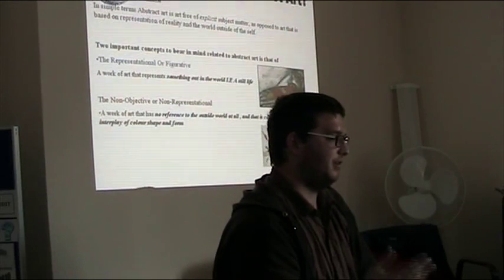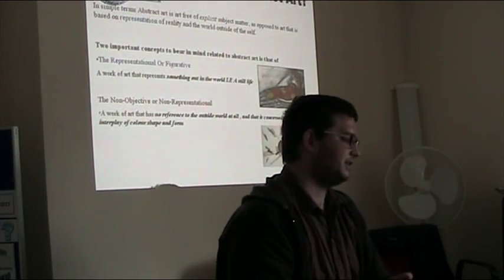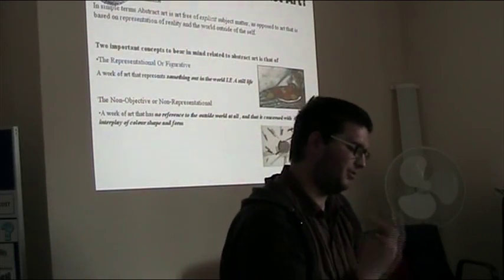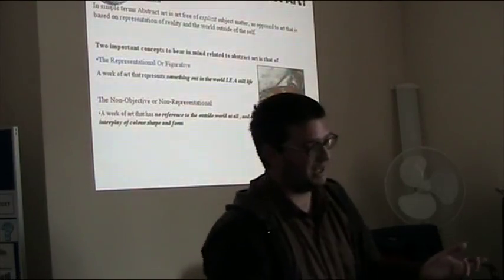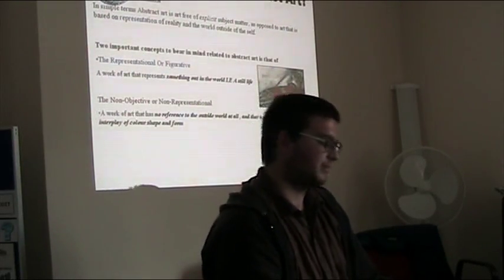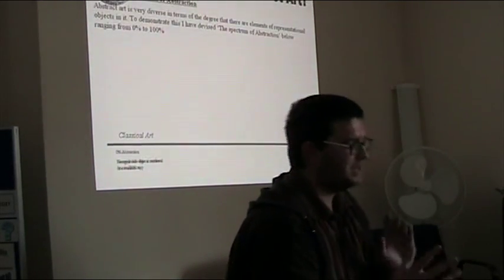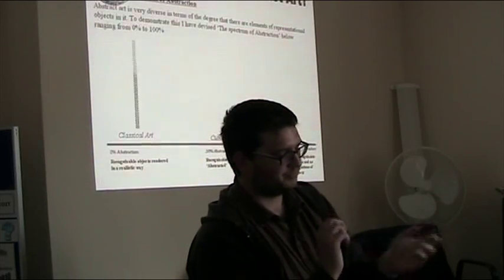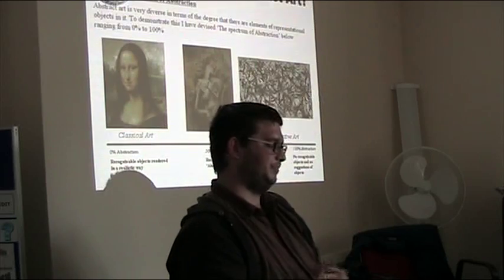Non-objective or non-representational art is basically the opposite of that. So it's a form of art that's concerned purely with colour, shape and form and the interplay between these different elements. So I've devised a little idea to try and demonstrate this concept.